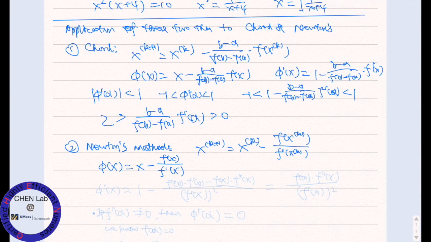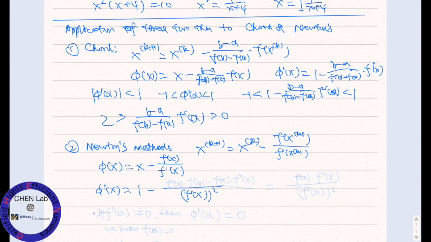So what does this mean? Look at its phi prime. The phi prime of x is 1. We always get a 1 because it's x_k, minus the derivative of that thing, right? We need to use the quotient rule. So we're going to get f prime of x squared in the denominator.